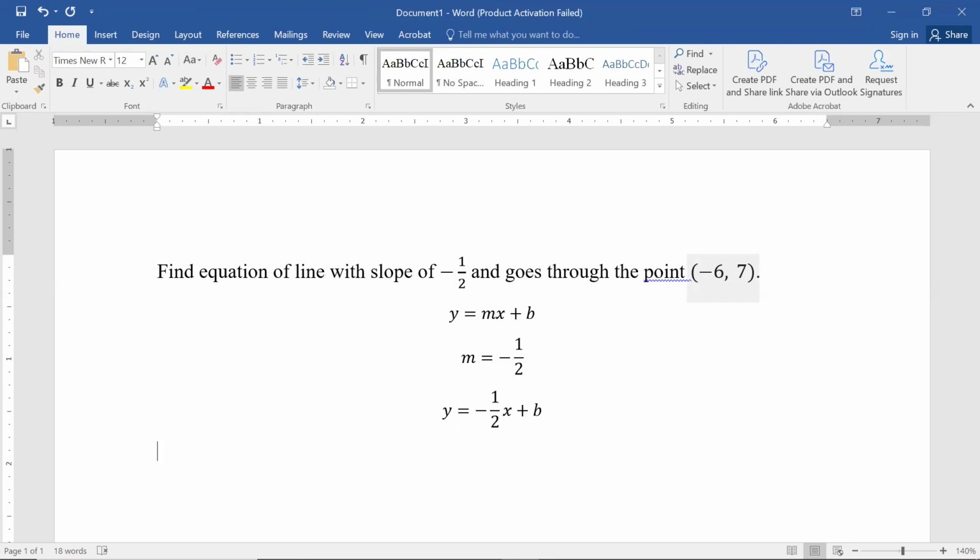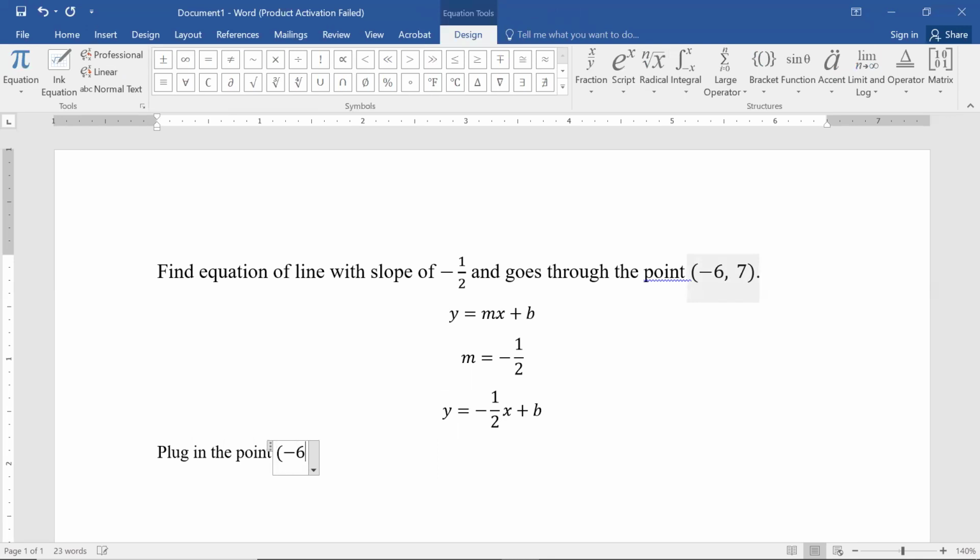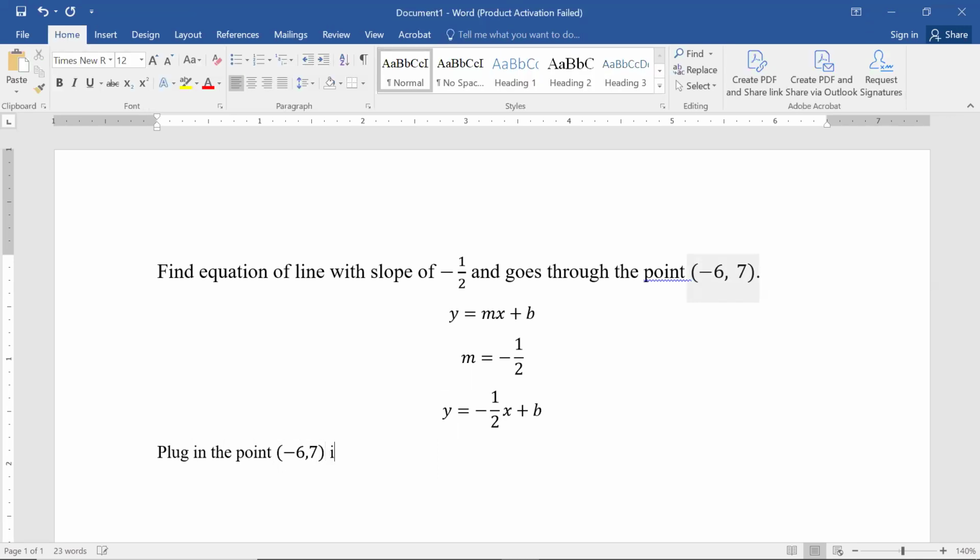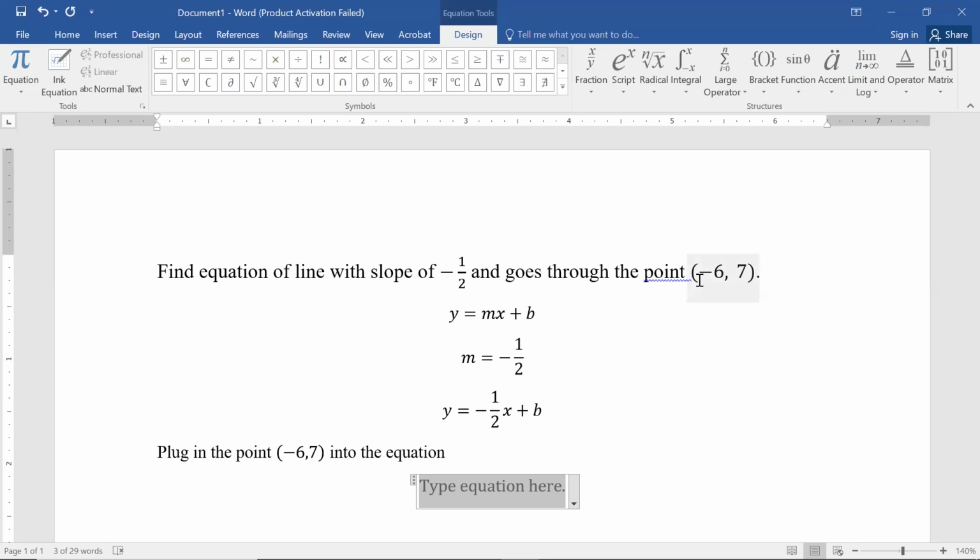To find the b, I plug in the point -6, 7 into the equation. Be very careful again that you plug in the 7 for the y and the -6 for the x.